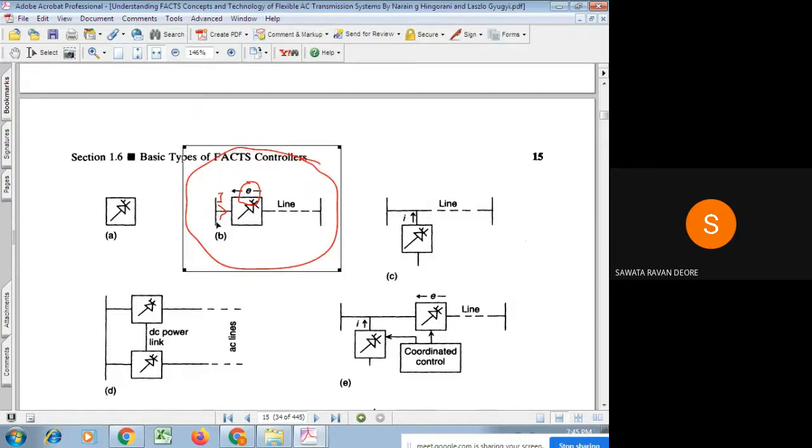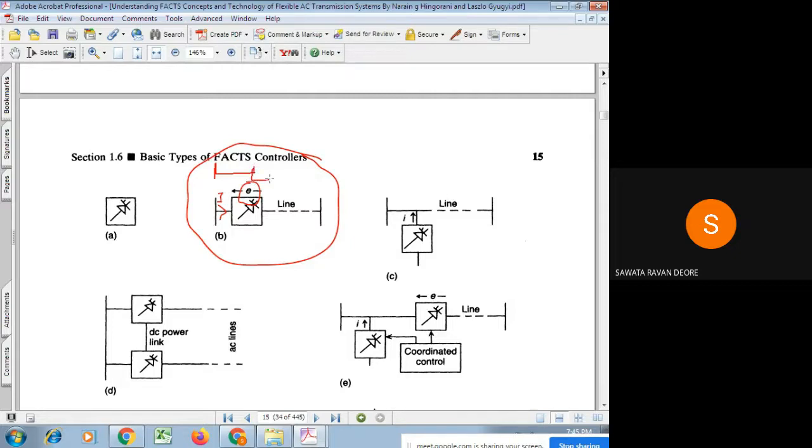Because of that injected voltage, it changes the overall driving reactance, the total reactance of the line. We can say it is modifying the reactance of the line, or modifying the voltage drop across the transmission line.